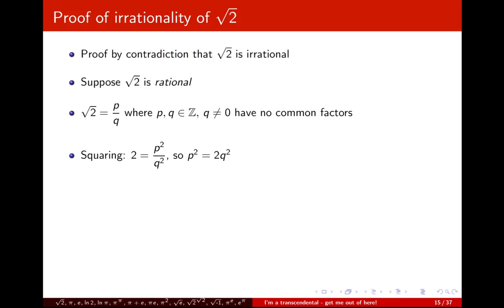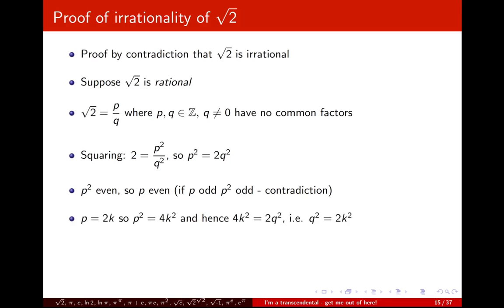If we square this expression and rearrange, we see that p squared is 2q squared, which tells us that p squared is even, and so p must be even. We can prove that last statement by contradiction too, because if p is odd, then p squared would be odd, and yet p squared is even. So p must be even if p squared is even.